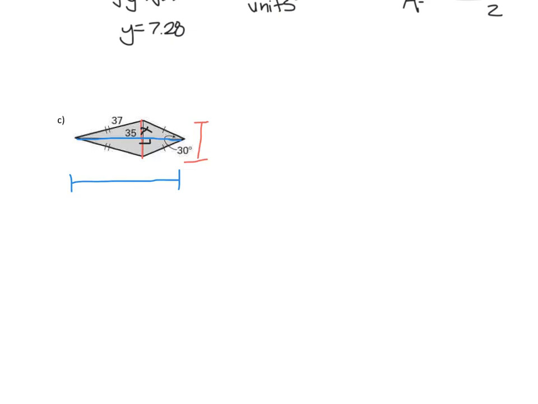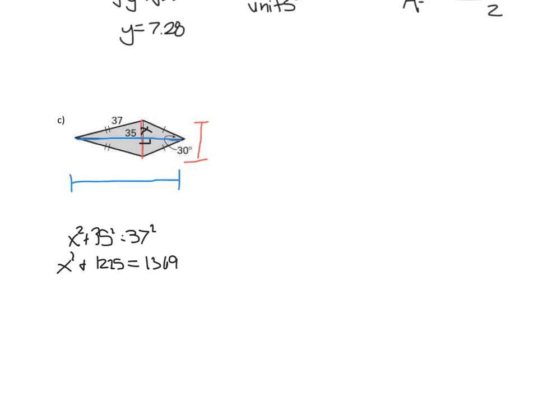So let's see. I have x squared plus 35 squared is equal to 37 squared. So let's see. 35 squared is 1225, and 37 squared is 1369.